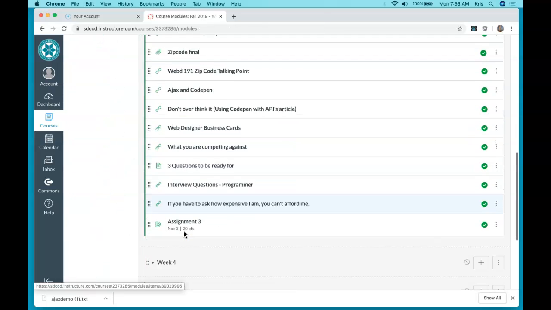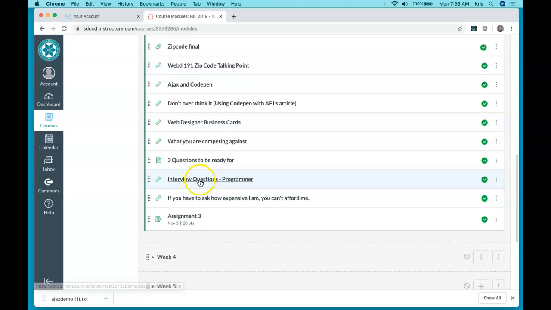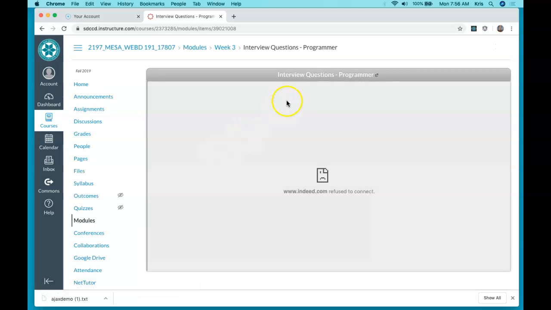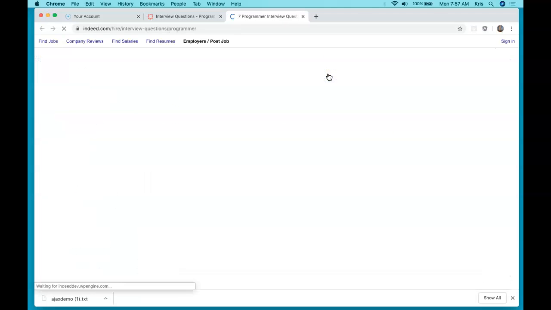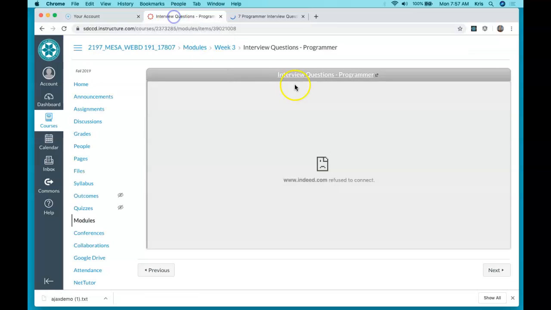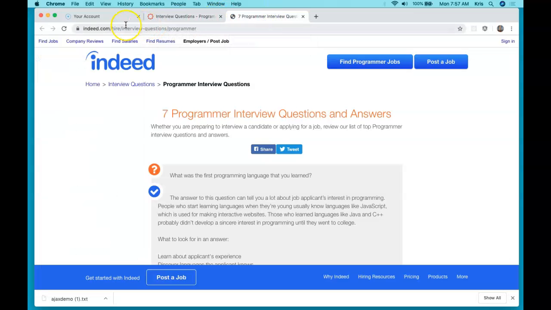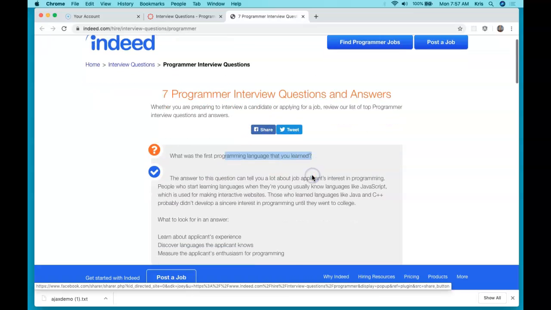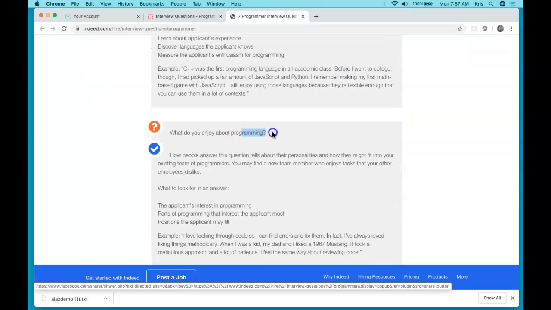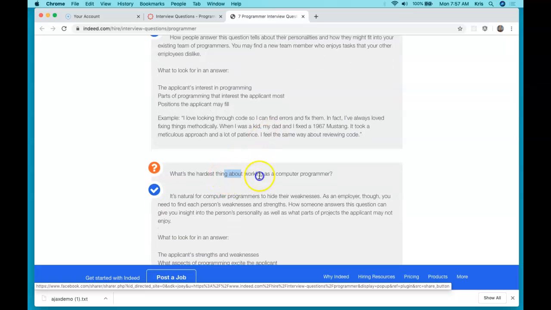Now let's go back. These are interview questions for a programmer. The only reason Canvas has a problem with this is because of the HTTPS prefix. But things like: what is the first programming language you learned? What do you enjoy? These are very open-ended, and that's one of the reasons I'm giving you code examples.